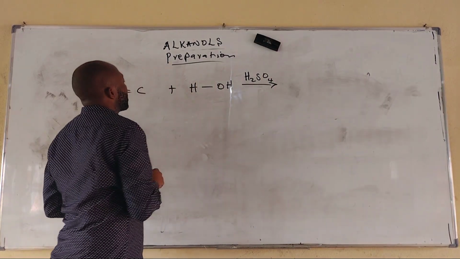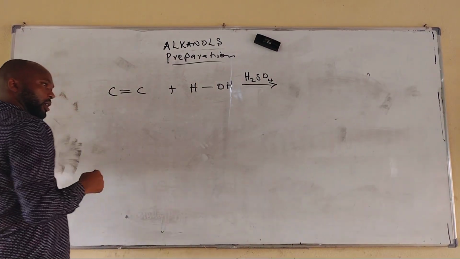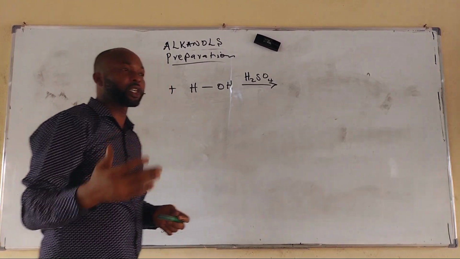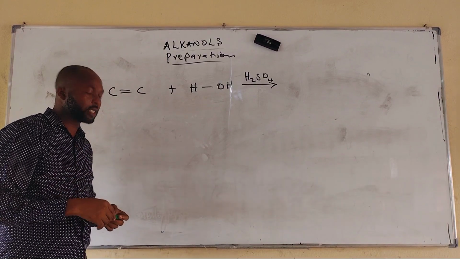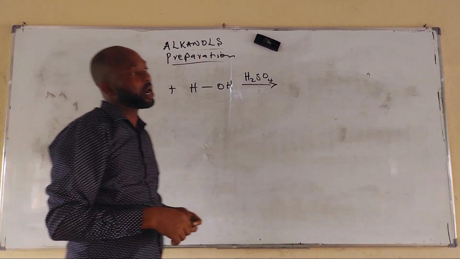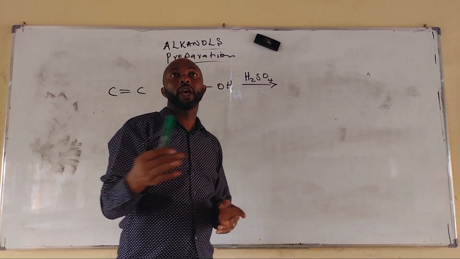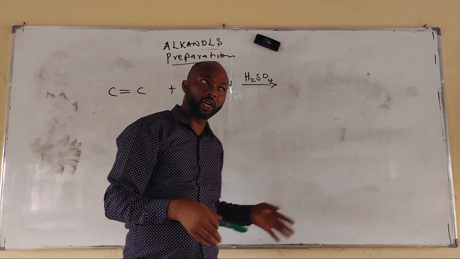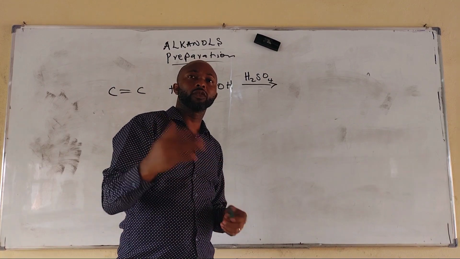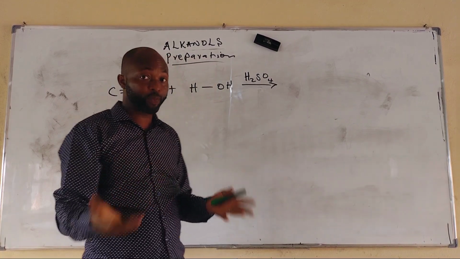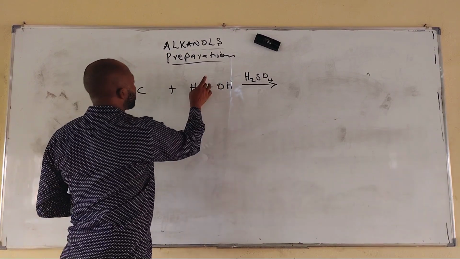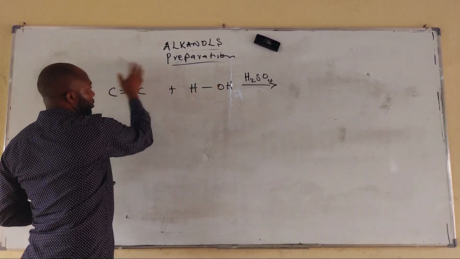Now, when we're dealing with alkenes, we talked about halogenation, where halogens react with alkenes to form halo compounds. I explained the chemistry earlier, how the halogen breaks to fit into these two carbons.